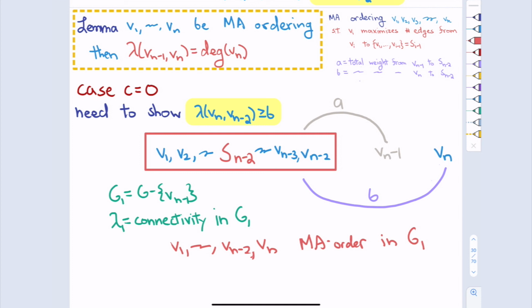Okay. So now we do the same thing. The connectivity between n minus 2 and n is not going to go up by getting rid of Vn minus 1, because that only hurts your flow, if anything.